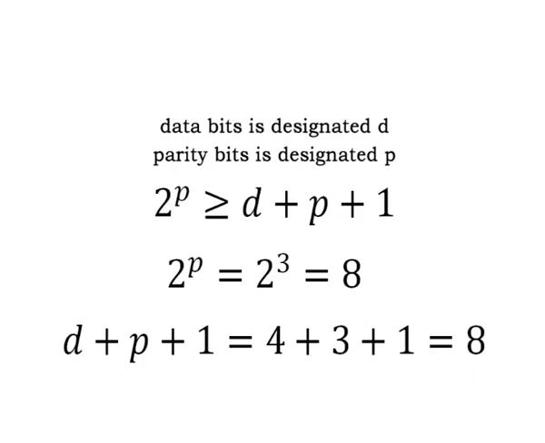So, 3 parity bits are required to provide single error correction for 4 data bits. It should be noted here that error detection and correction are provided for all bits, both parity and data, in a code group. That is, parity bits also check themselves.